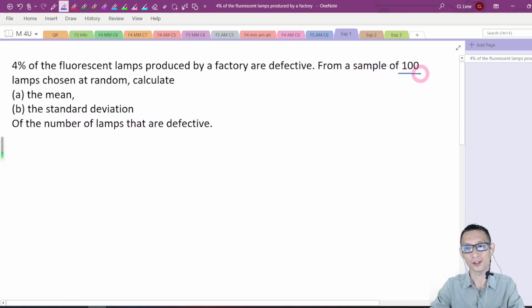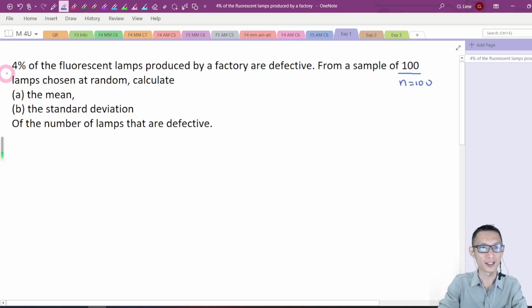From here we know n is equal to 100. The question is asking the mean and standard deviation of the number of defective lamps, so this means that p is equal to 4%.